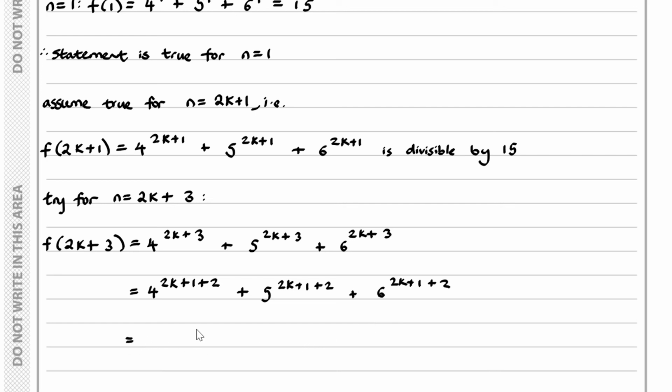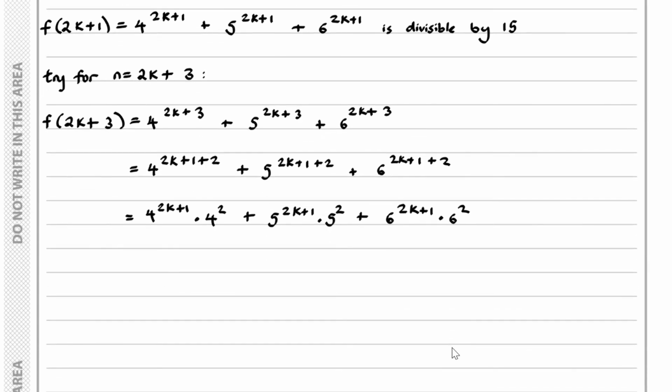So what we will now do is use the laws of indices to simplify each of these. So we've got 4 to the power of 2k plus 1, lots of 4 to the power of 2, and of course, multiplying with the same base, we add the powers. And similarly, we've got 5 to the power of 2k plus 1, lots of 5 to the power of 2. And we've also got the 6 to the power of 2k plus 1, lots of 6 to the power of 2.